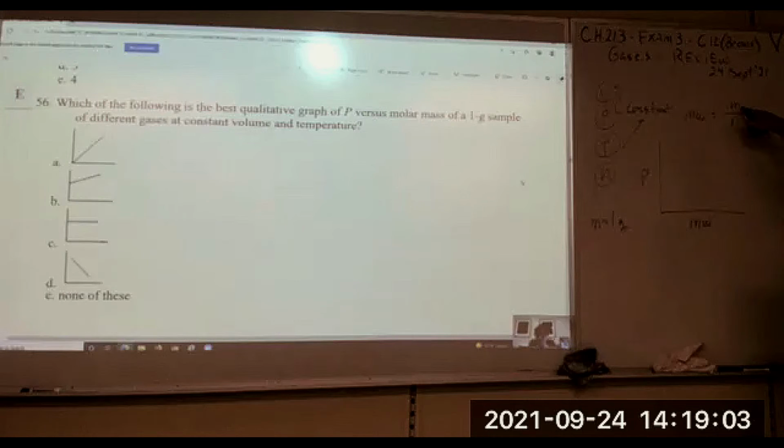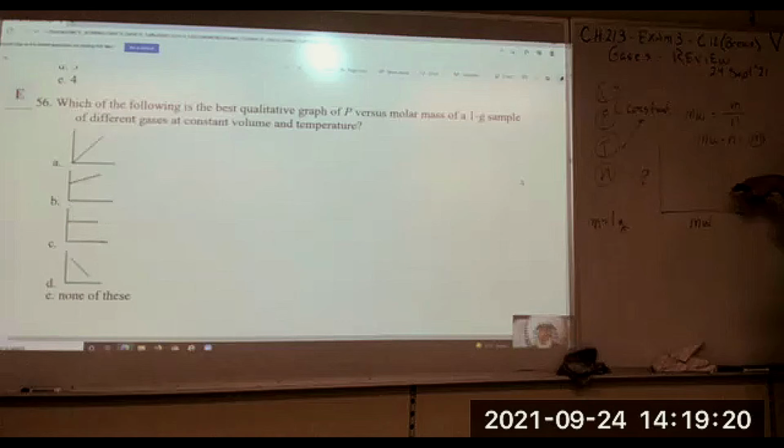Okay. So if this is constant, then we can put this over here equals our constant. That's constant. So now, if the molecular weight goes up, the moles go down, right? So if the molecular weight goes up, the moles go down.